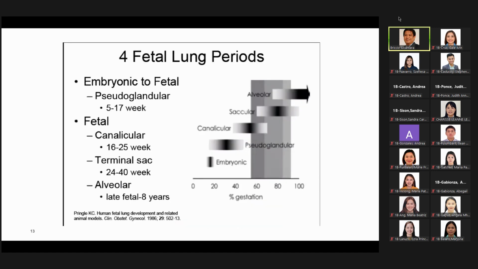So you have your 4 fetal lung periods, embryonic to fetal, in which you have your pseudoglandular phase at 5 to 17 weeks, and the fetal phase, canalicular 16 to 25, terminal sac 25 to 40, alveolar late fetal to 8 years.